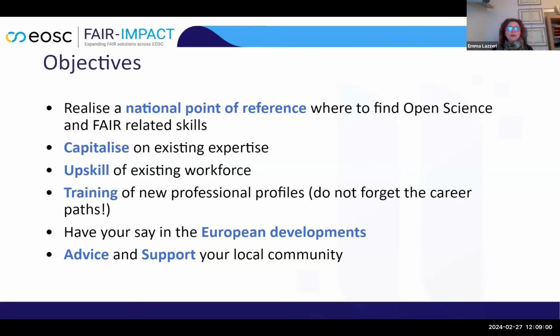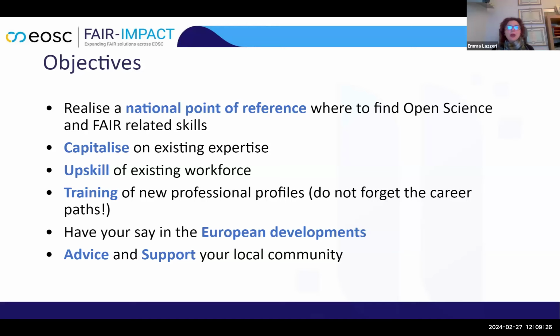This can be built based on the capitalization of existing expertise, because we know that many initiatives and many projects in the past have actually created these experts around a single country. So it's only a matter of pulling them together, finding them, and starting to build a competence center.